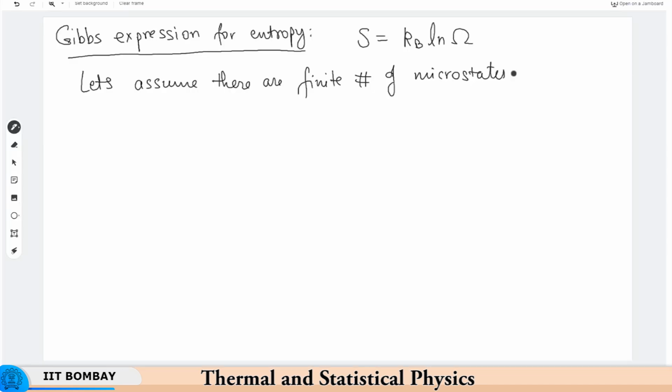Due to the uncertainty principle, we can't pinpoint the position and momenta of a gas molecule with pinpoint accuracy. So there is always a discreteness, and omega ends up being a finite number, albeit a very large one. Still, let us assume this number of microstates is finite, and call it n. They mean the same thing. So the number of microstates is n.